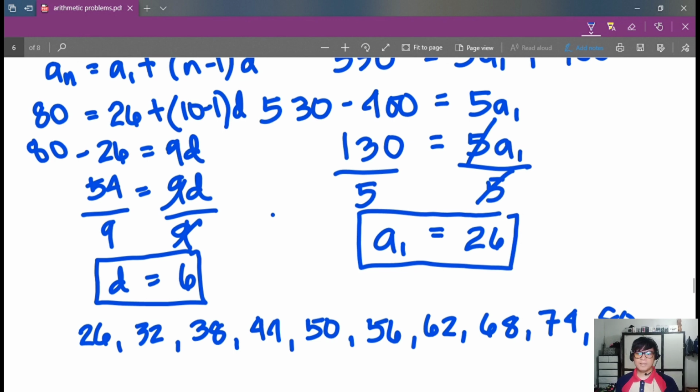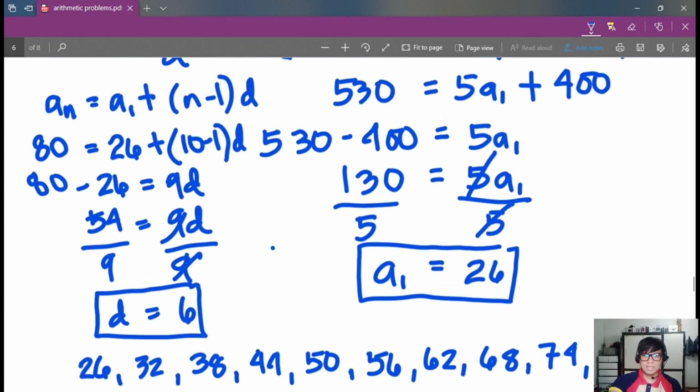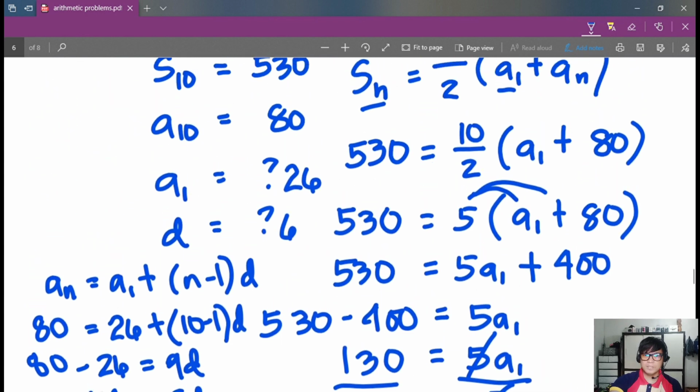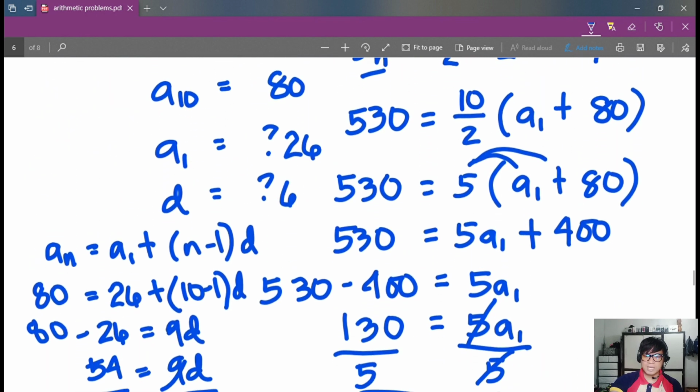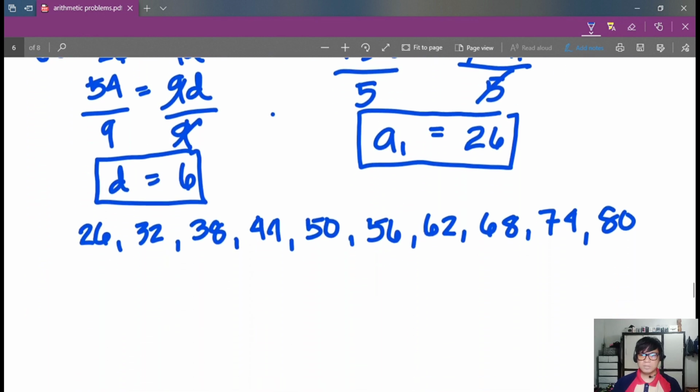So, tama. Another way para ma-check natin kung tama, ano yung total natin kanina? The sum of all the terms is 530. So, gamitin natin yung secret ni Carl. Itong first term, pati yung last term, ang total niya is 106. Tama? 106. So, ilan lahat ang pairs? So, there are 10 divided by 2. So, there are 5 pairs.